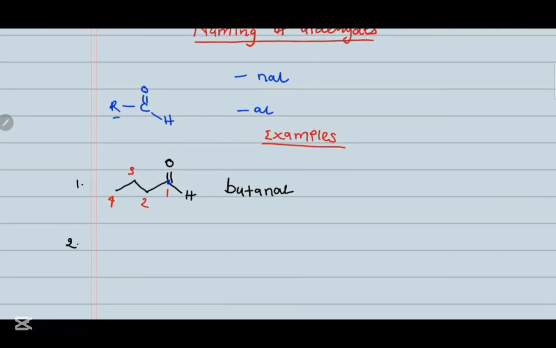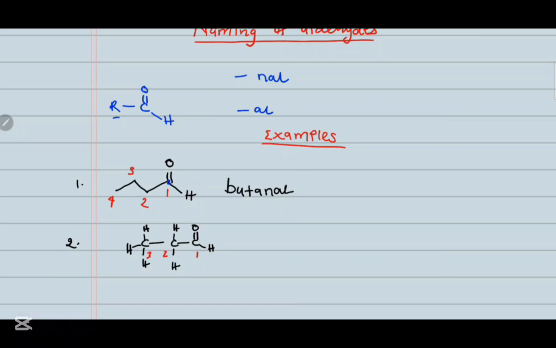Second example, if we've been given a compound like this one, how can we name it? We also start counting the number of carbons starting from here: 1, 2, 3.